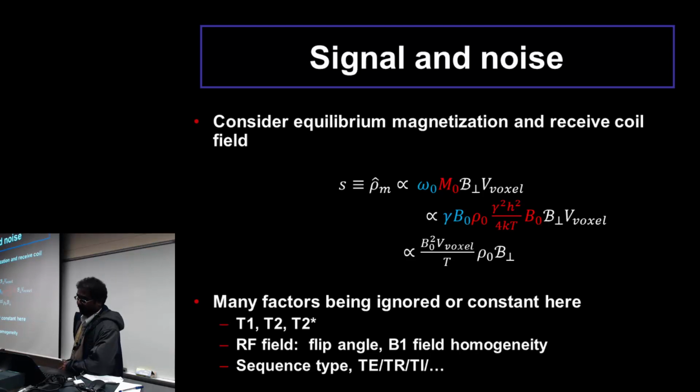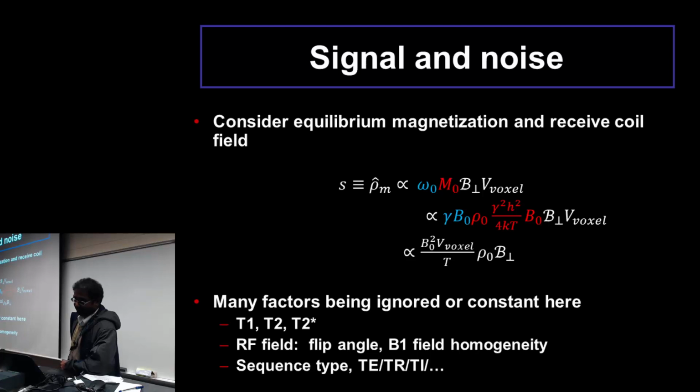Beta perpendicular is the coil characteristic, which you can change by changing the type of coil that you use. And temperature is the temperature of the sample. Typically you don't change that, you don't cool your subject or heat your subject to do your imaging. So essentially B naught, voxel volume, and the coil characteristics are the three things that you have possible control over.